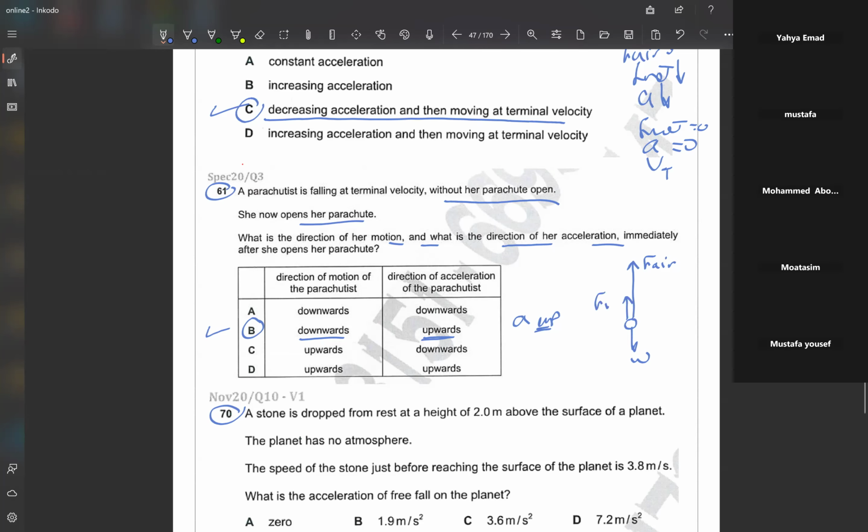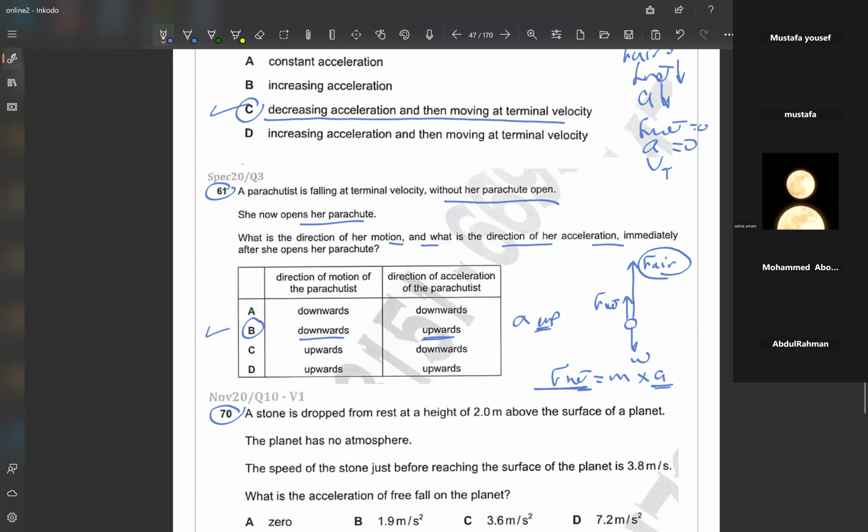Net force will be up because it's the same direction as the greatest force. And because F net equals mass multiplied by acceleration, acceleration takes the same direction as F net. This is why acceleration is also upward. And also because the object decelerates, acceleration must be in the opposite direction of motion.